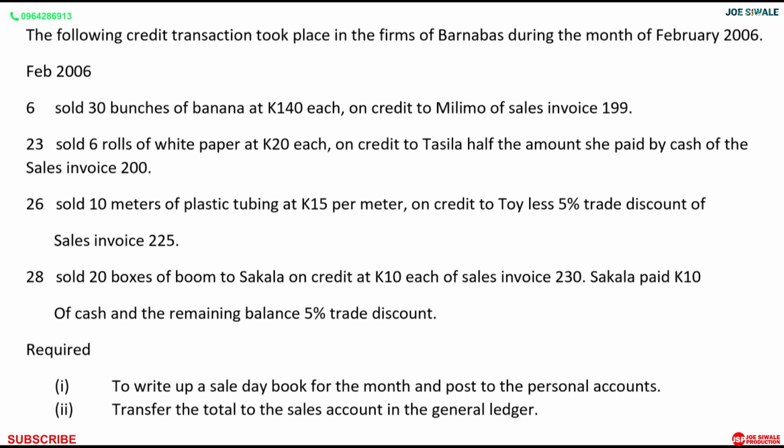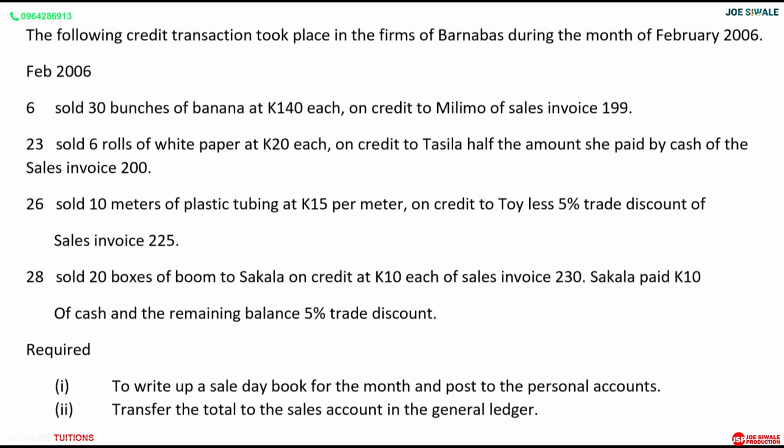Then on the 26th, sold 10 meters of plastic tubing at 15 kwacha per meter on credit to Toy, less 5% trade discount, sales invoice 225. On the 28th, sold 20 boxes of boom to Sakala on credit at 10 kwacha each, sales invoice 230.